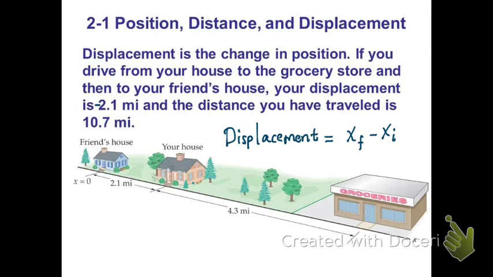According to the definition, the final position is your friend's house, and your friend's house is located at x equal to 0, at the origin. So the final position is 0 minus your initial position, which was your house, and this is 2.1 miles. So you find your displacement as minus 2.1 miles.